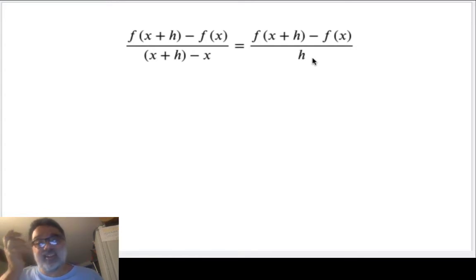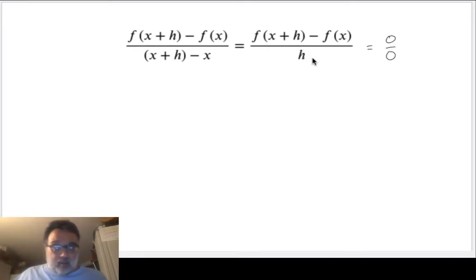Well, that doesn't necessarily make a lot of sense, right? Because we can't let h be 0, because if we let h be 0, then we get 0 divided by 0, which is not helpful.